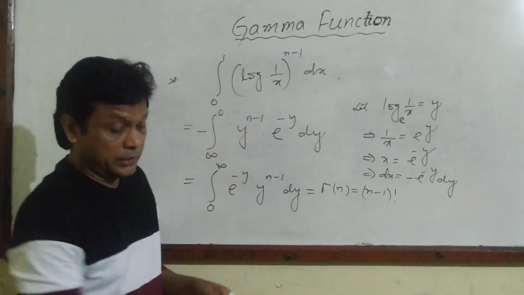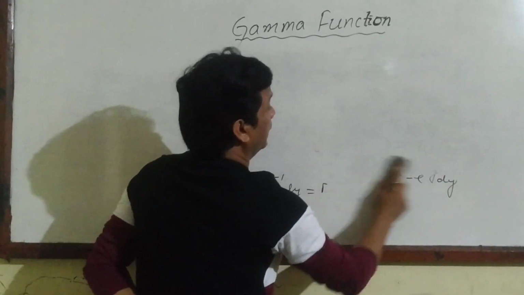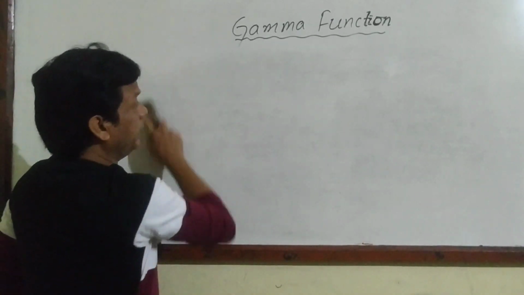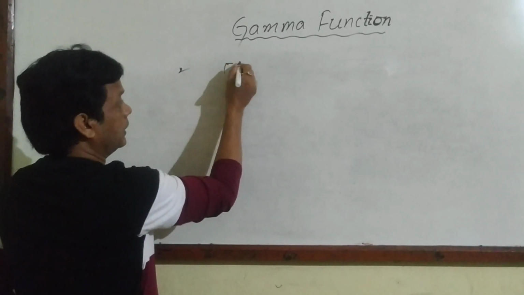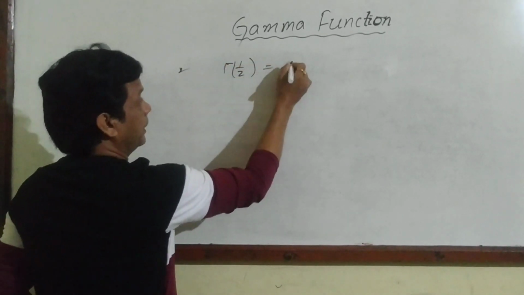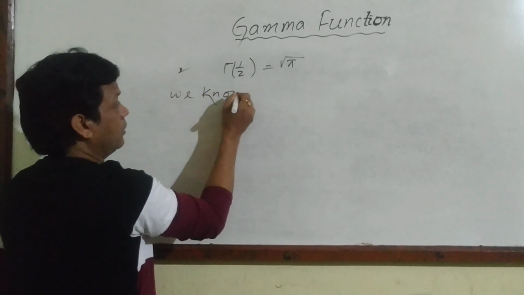Okay. And in the first part I have told you gamma of half is equal to root pi. I am going to prove it in an easier way. That means I am going to prove gamma of half is equal to root pi. We know, see how simple it is.